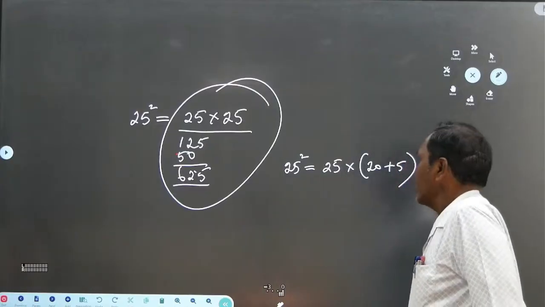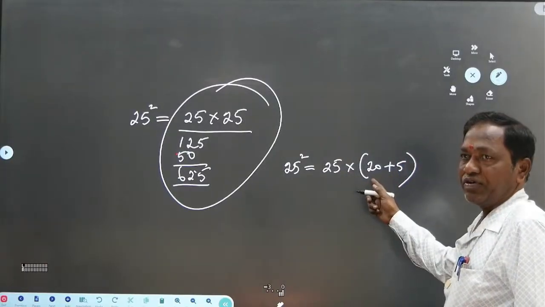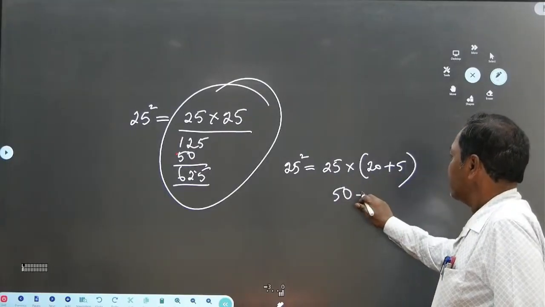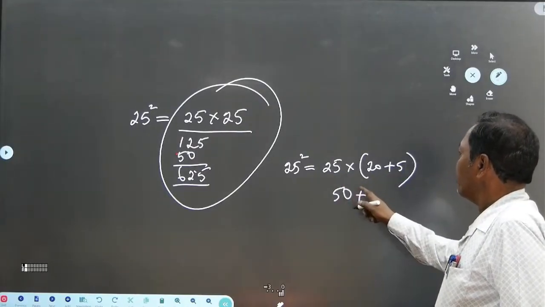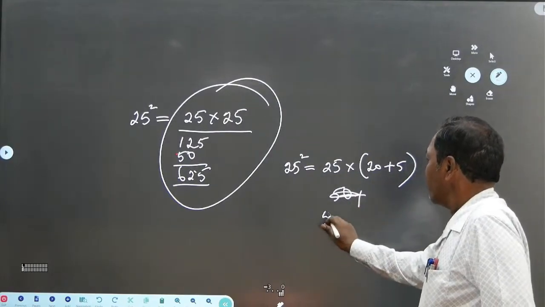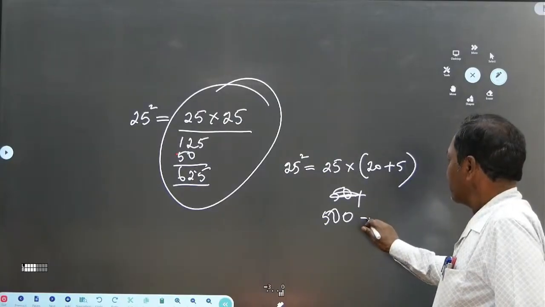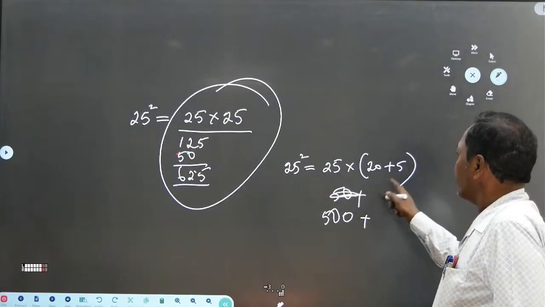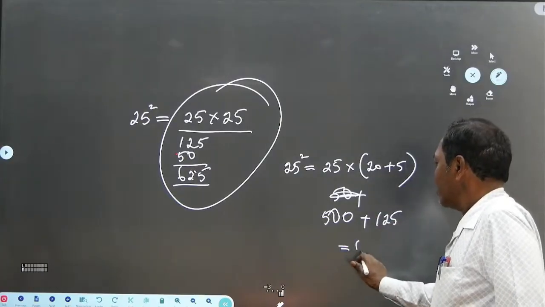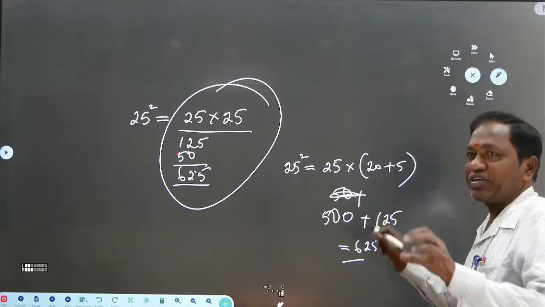So 25 into 2 is 50, plus, okay, 0 is there, put 0. And plus 25 into 5, 125, 625. Any big number you can do, in one line you can finish it off.